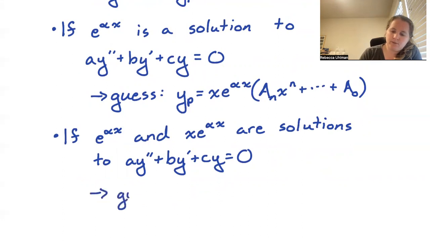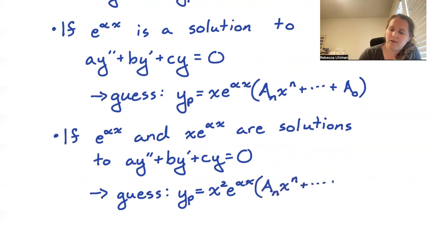Our guess will wind up being that yp is equal to x squared times e to the alpha x times an x to the n plus all the way down to a naught.